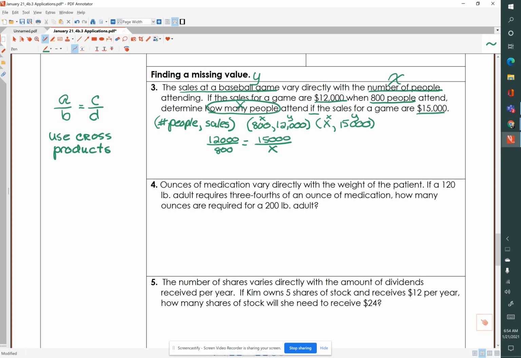So X times 12,000 equals 800 times 15,000. So 12,000 X equals, and 800 times 15,000 is 1,200,000.